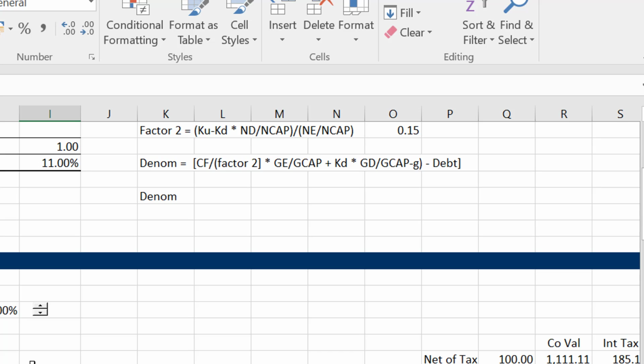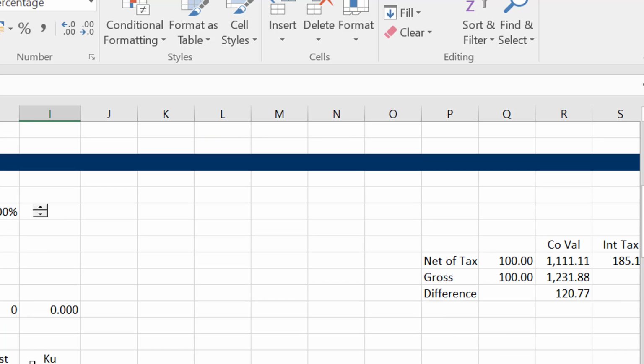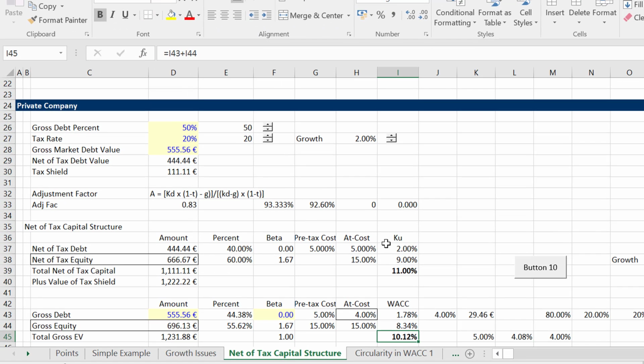Okay, I have been talking about this issue, and now I'm going to just say it straight out. I think the right way to do this is if you have some debts. Let's take the debt as a percentage of the market value, and that gets into the circularity kind of issue.